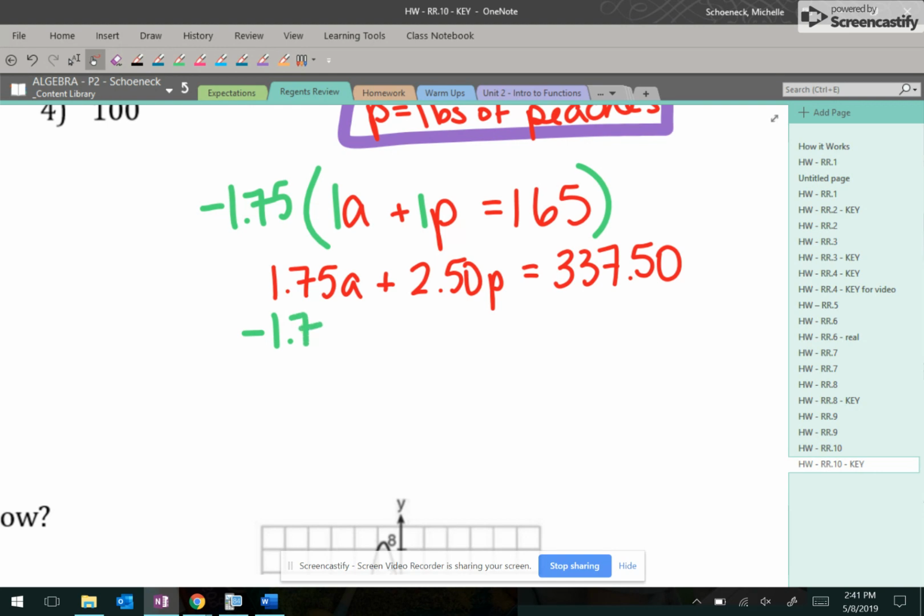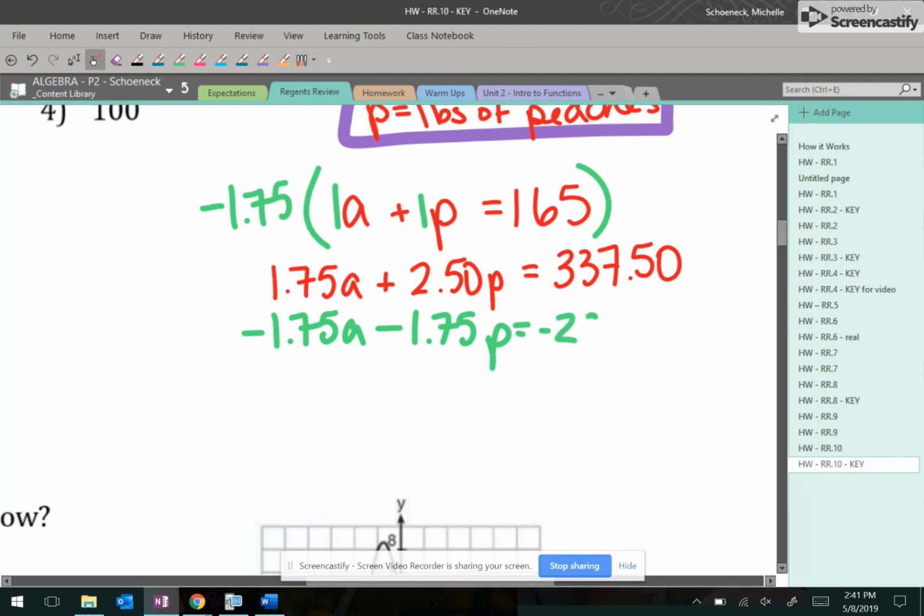So I would get negative 1.75a minus 1.75p equals negative 288.75.